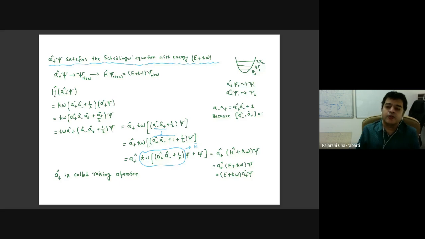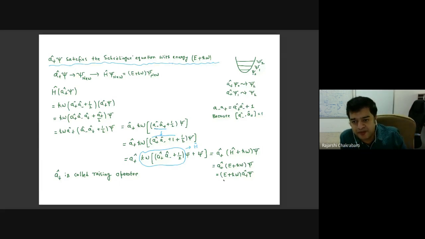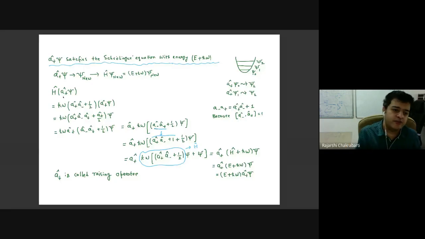So essentially, this psi nu is an eigenfunction of H, but with eigenvalue not E, but E plus h cross omega. Is this clear to all of you? This is very important. This new wave function, as I showed in the last class, is given by A plus operating on some wave function psi, for which the eigenvalue is E.